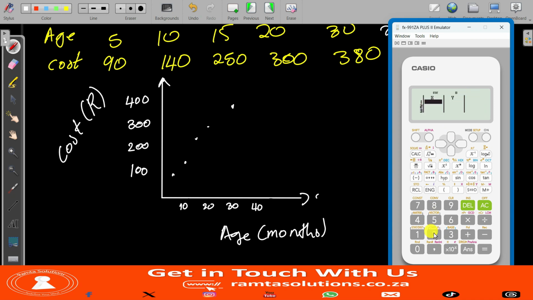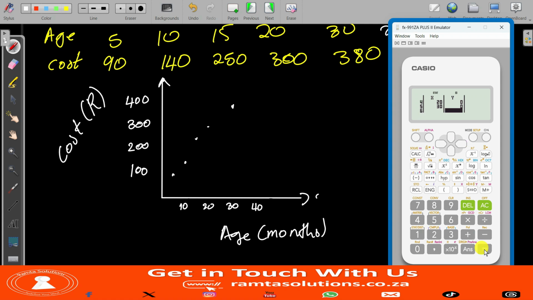Option 2. Now you enter your values. As you can see, it is 5 equal to, by now you know, 10 equal to, 15 equal to, and then 20 equal to, you then go to 30 equal to.